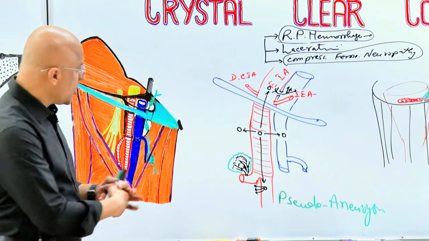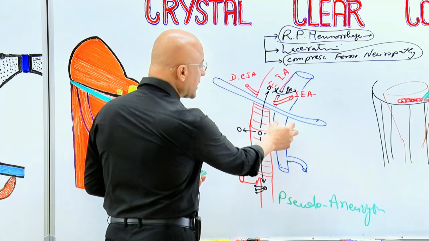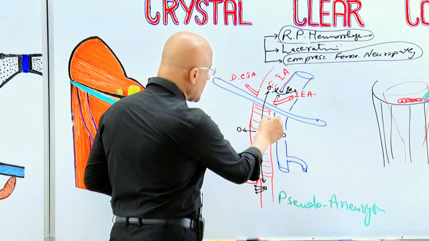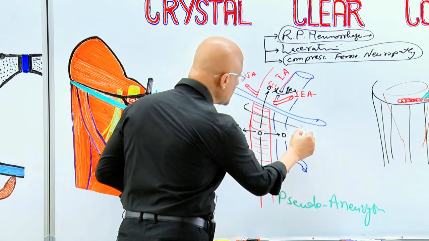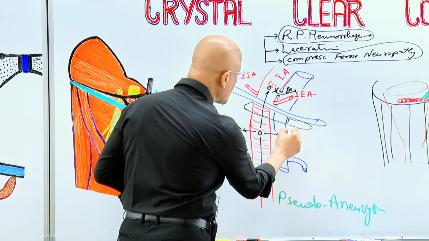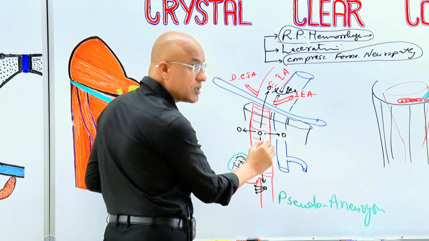Then veins. Here, the femoral artery has a clear-cut vein, but in between, what is this? Sheath. This is the femoral sheath.